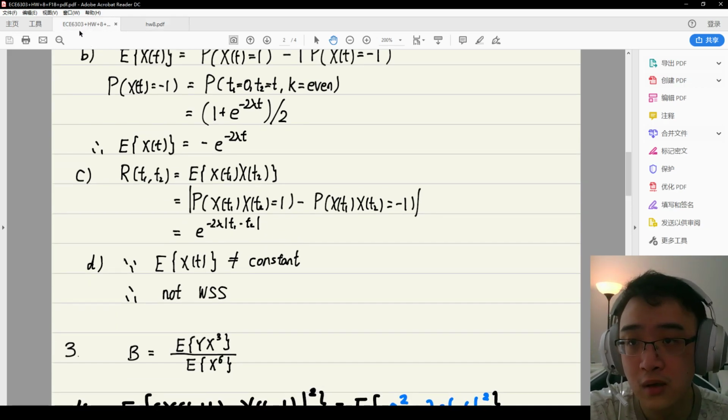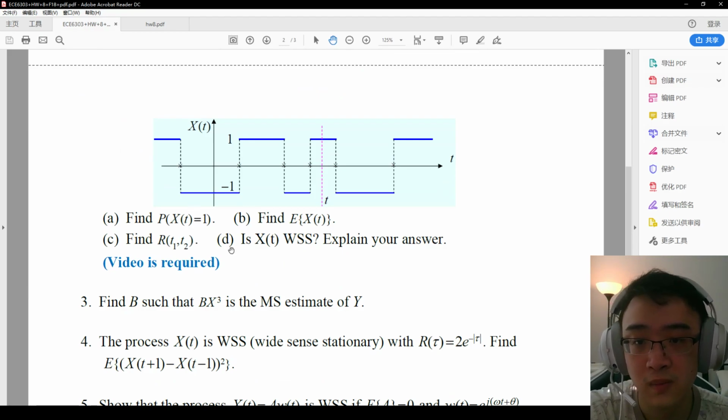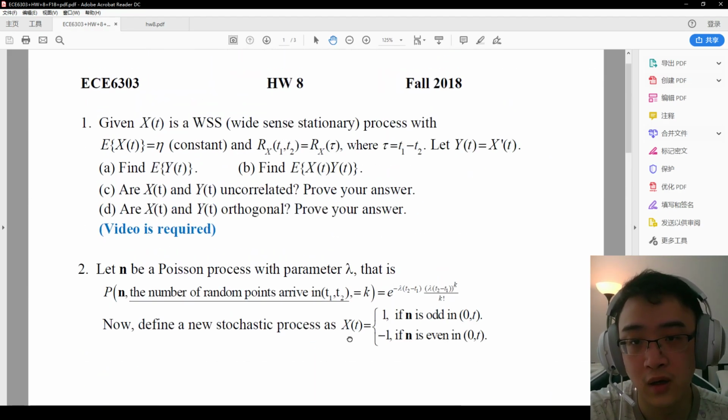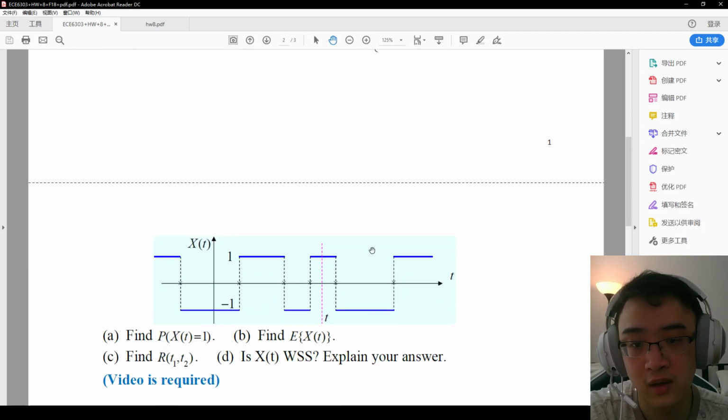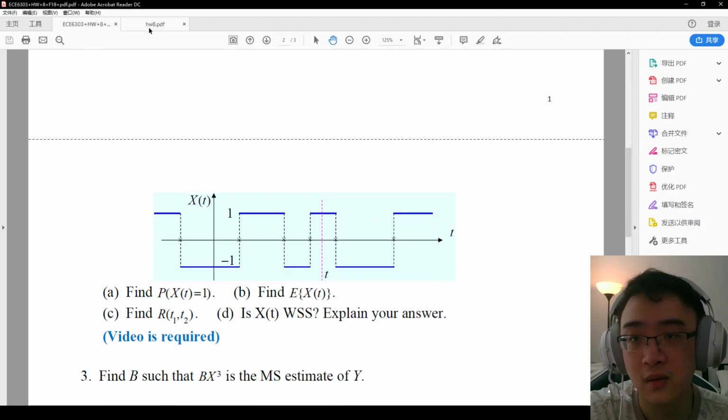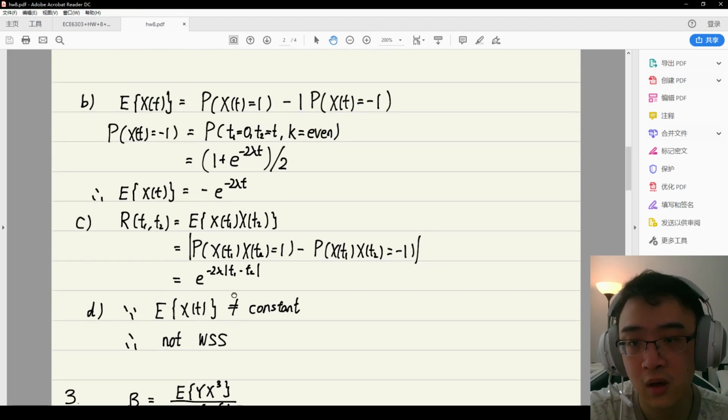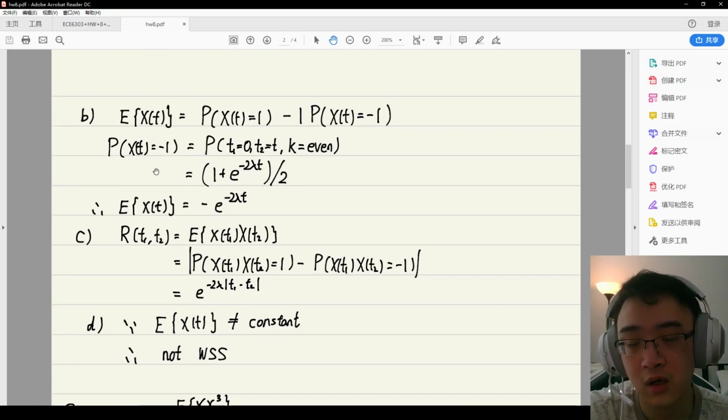Okay, so question D asks: is X(t) a wide sense stationary process, and explain the answer. Well, we know the WSS process has a feature that the expected value of this process is constant.